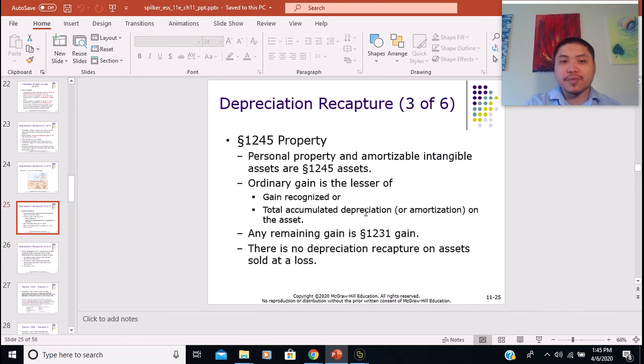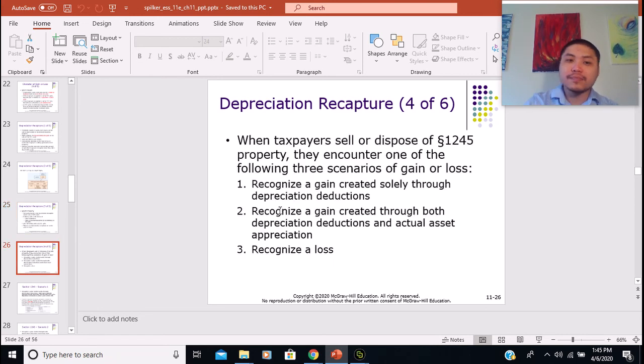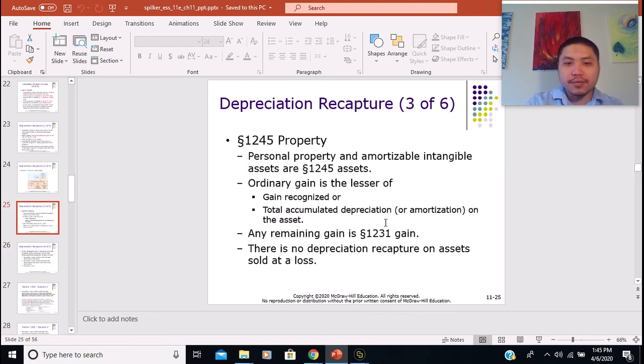So that's going to be this case, when we're going to treat the whole gain recognized as ordinary gain, right? And then the second scenario is the taxpayer will recognize a gain created through both depreciation deduction and actual asset appreciation, right? So this is going to be this case.